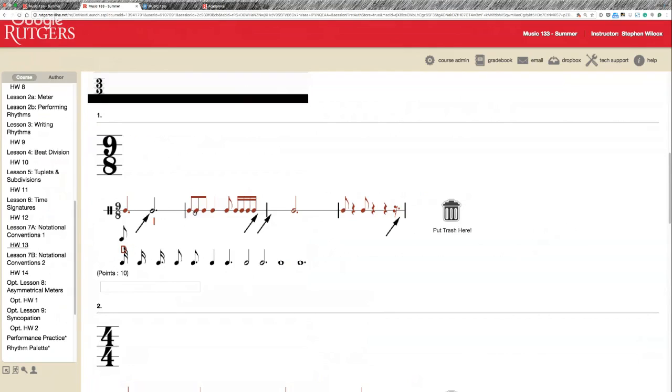Here I have 8 eighth notes, so I need 1 more eighth note.